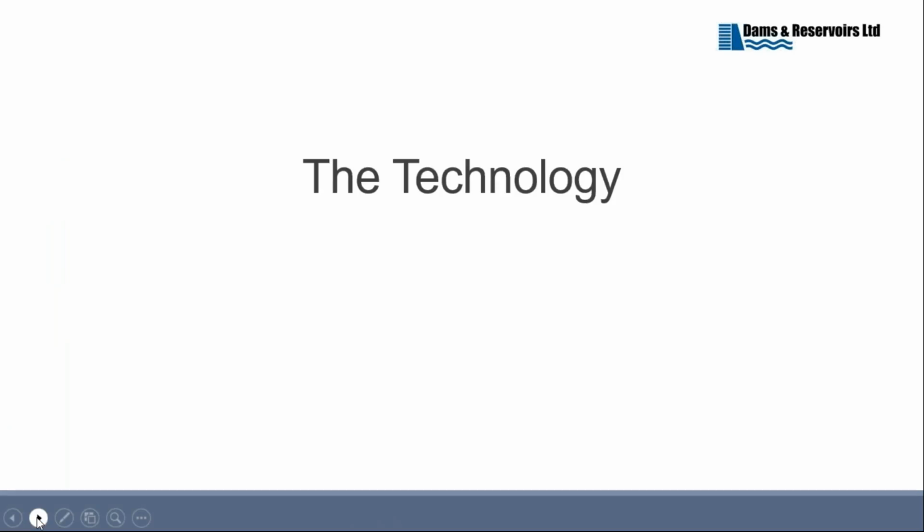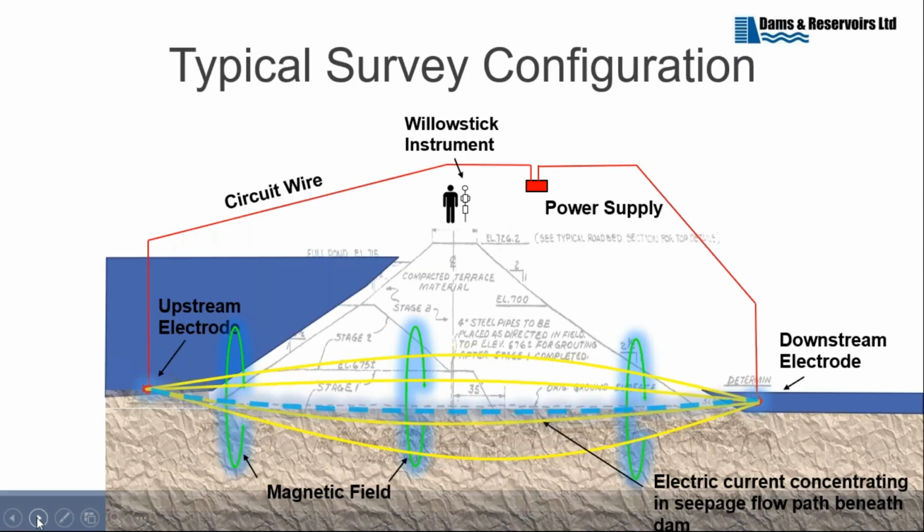Just to give you a little bit of background about the technology, and the other guys on the line in Utah are more au fait with the technology and can answer the more technical questions if they come up. But basically, we apply across 2 electrodes electric current and generate a magnetic field. And then over that area where if there is a flow of water, and we can track individual flow paths, the water is generally a better conductor than the ground around it.